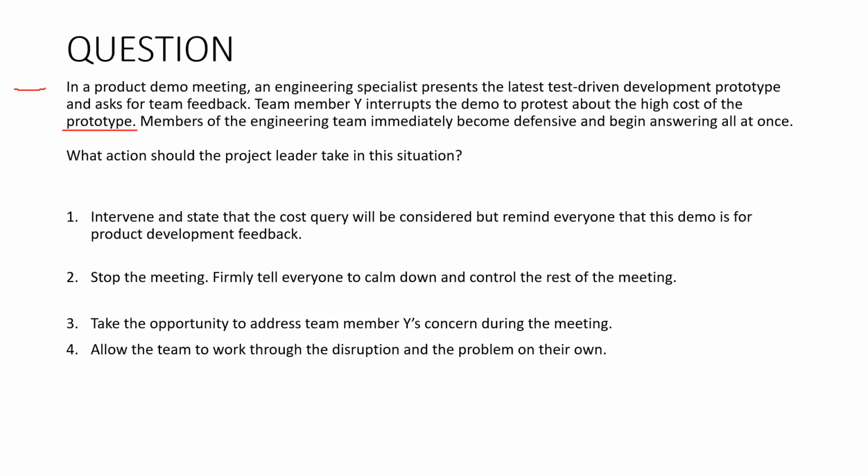Members of the engineering team immediately become defensive and begin answering all at once. What action should the project leader take in this situation? Intervene and state that a cost review will be considered, but remind everyone that this demo is for product development feedback. Stop the meeting, take the opportunity to address team members' concerns. Allow the team to work through the disruption and the problems on their own.